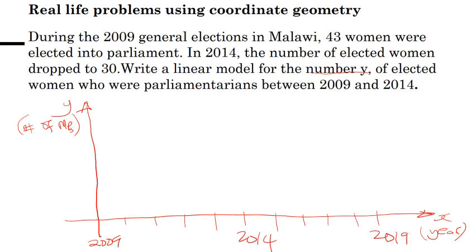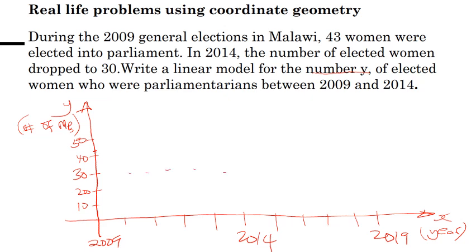On the Y axis, let's say 10, 20, 30, 40, 50. And for 2009, 43 women, and in 2014, 30 women.